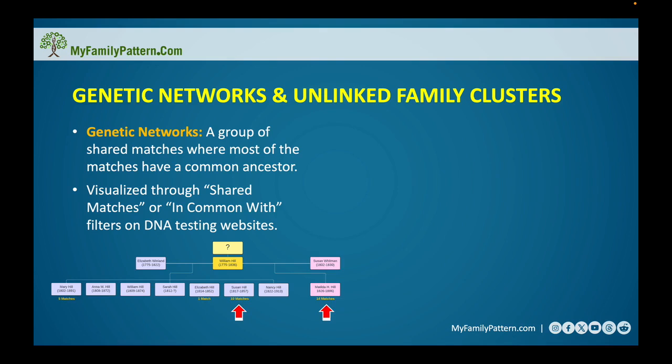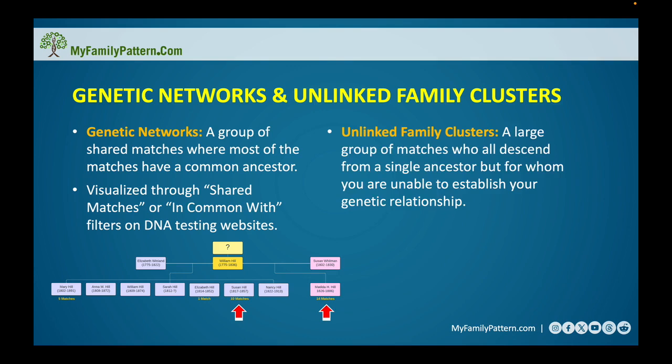And when I did this shared matches function on Ancestry, I had a total of over 100 other DNA matches that were part of this genetic network of shared matches. Now you can see here, 30 of those matches were from other descendants of both Susan and Matilda's father, William Hill. But what I also noticed is beyond those 30, there were 70 other matches that I really couldn't figure out how they were related to me.